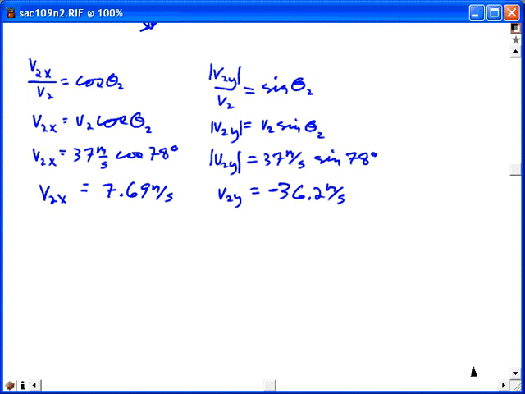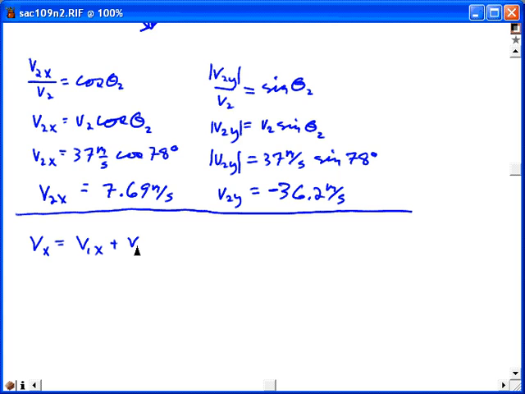Alright, now we're in a position to go ahead and add the components together. We'll get the total vector; I'll call it just v for the total vector, and the x component, v sub x, is going to be v1x plus v2x.